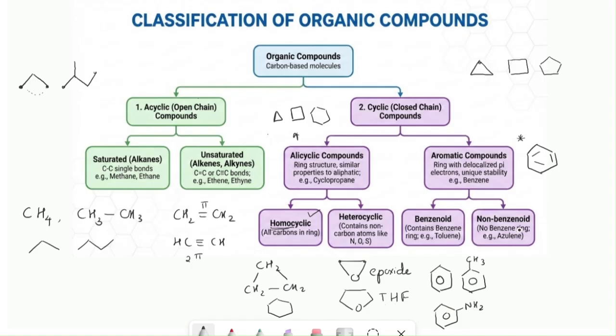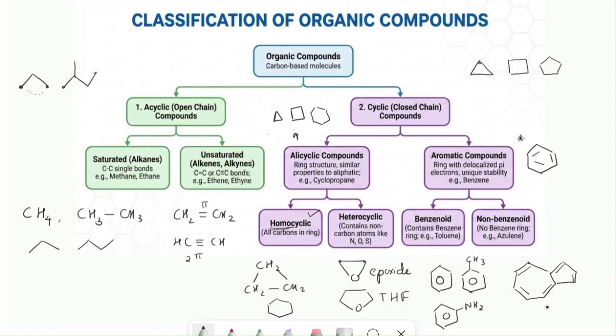Now what are non-benzenoids? They behave like aromatics, as I told earlier, but they don't have any 6-membered ring. See, this is 7-membered, 1 2 3 4 5 6 7, attached to a 5-membered ring like this. And then you write alternating single and double bonds. You can start anywhere: double, single, double, single, and it goes on.